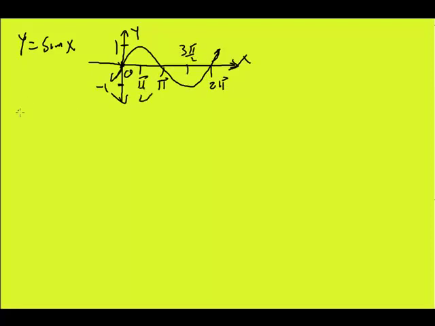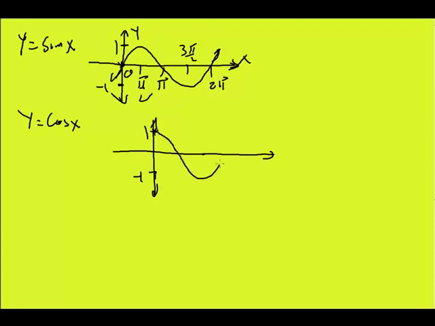And you're done. What about y is equal to cosine of x? Well, cosine of x starts on the top, whereas sine starts at the origin, or in the middle. Okay, so it's not that hard. Call that 1. Call that negative 1. Okay, so I'm going to start here. I'm going to go down to the low point, come back up at the high point.